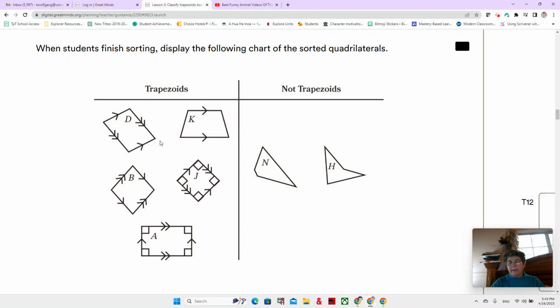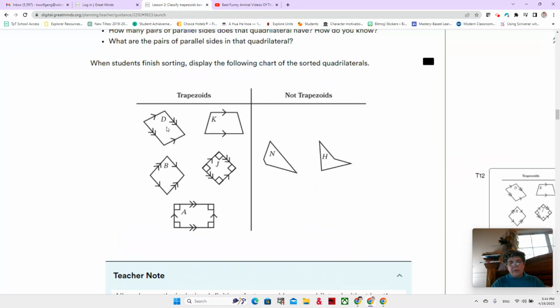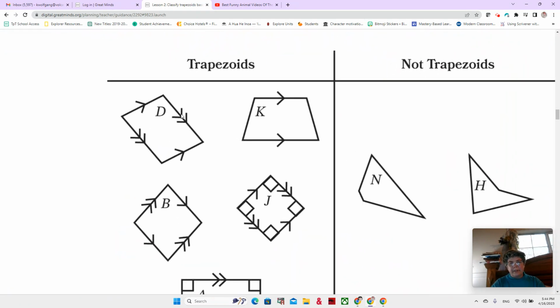Because parallelograms have 2 pairs of parallel sides, right? So let's look at D. You can see this one's marked as parallel to that one. And this one's marked as parallel to that side, right? So you can see that there are 2 pairs of parallel sides. This is one pair, and this is one pair, right? Okay, so a parallelogram is also a type of trapezoid, right?